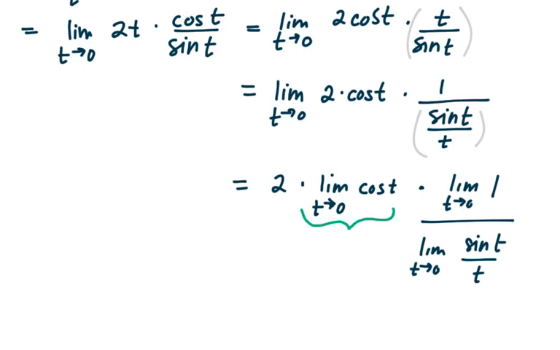So if I plug 0 into cosine t, I have 2 times the cosine of 0. The cosine of 0 is 1.